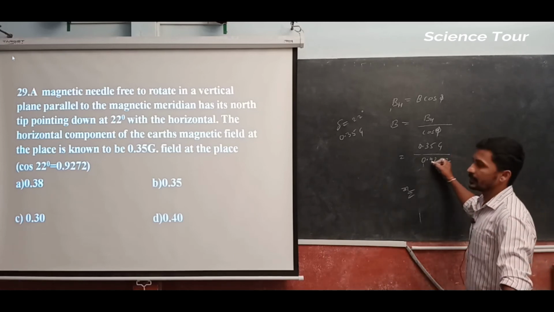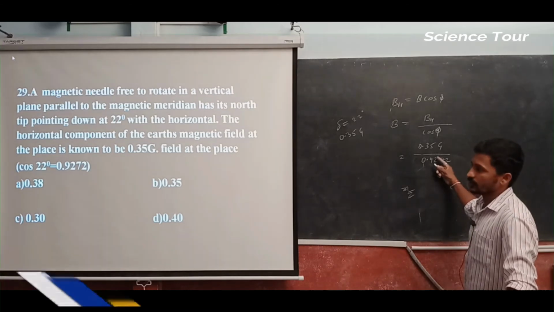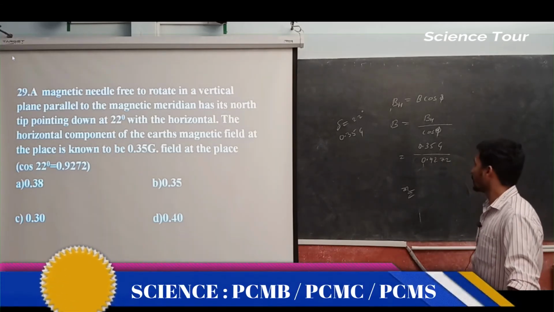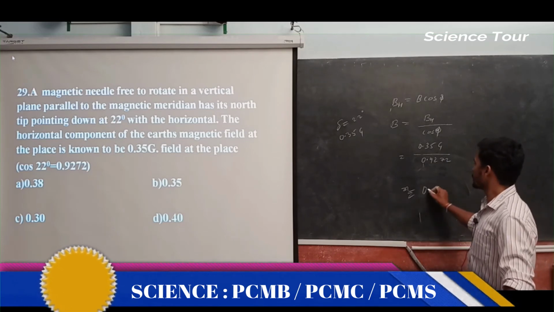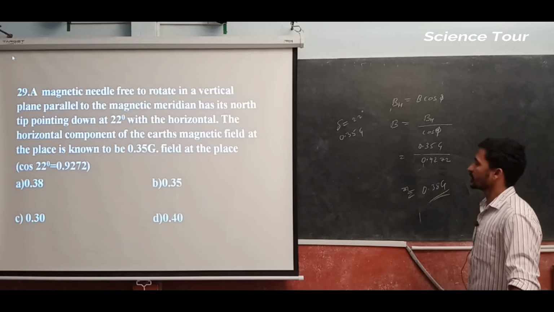Divided by nearly 1 means 0.35, and a little more than that you can expect, so it is 0.38. Approximately you are going to get 0.38.